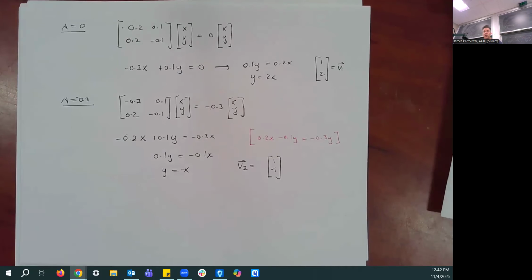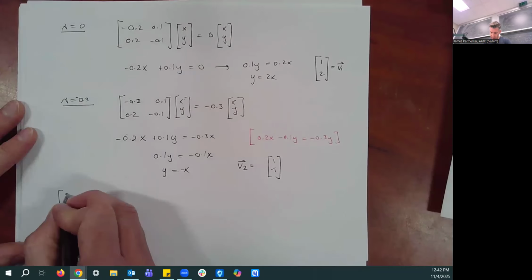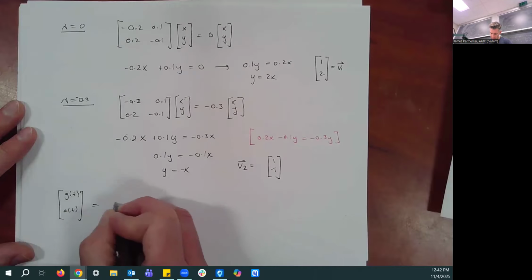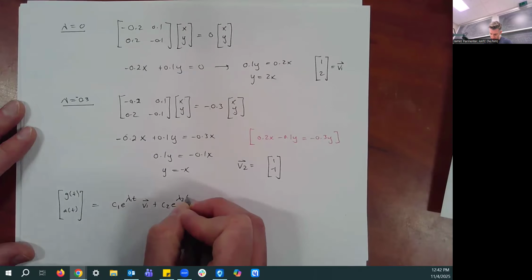All right, let's find the general solution. So the general solution at this point is just remembering a thing, right? There's no work to be done here other than writing down what we remember, which is that our general solution, G of t, A of t, should equal C1 e to the lambda 1 times t times V1 plus C2 e to the lambda 2 times t times V2.